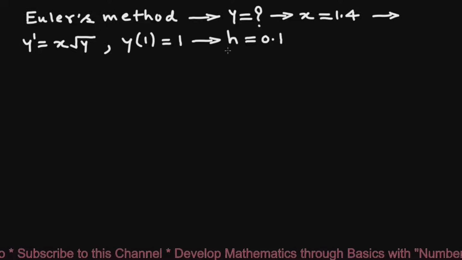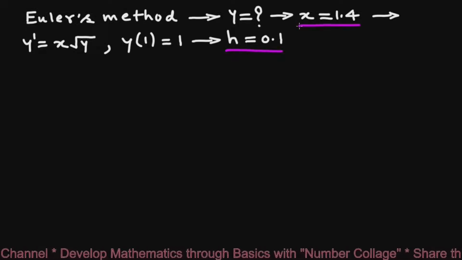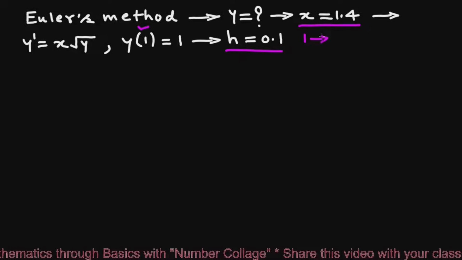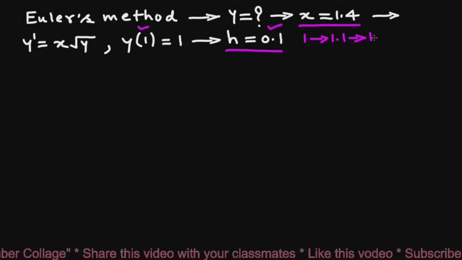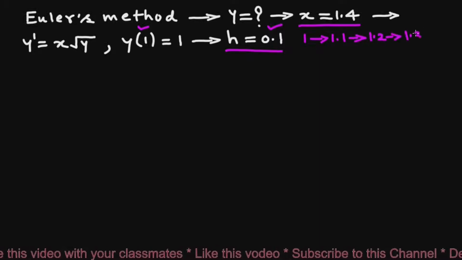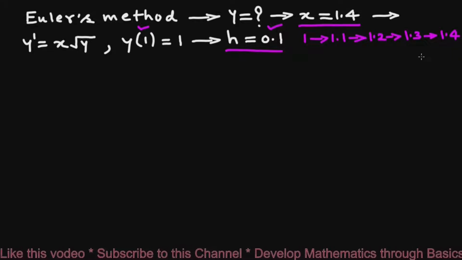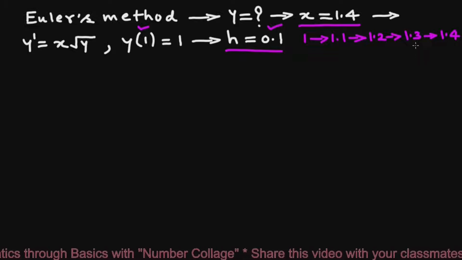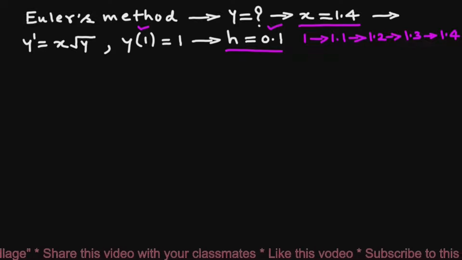Here the step size is 0.1 and we have to find value of y at x equals 1.4. So we have to work from 1 in steps of 0.1 as 1.1, 1.2, 1.3 and finally 1.4. So we have to carry out 5 steps to find the correct approximation. Here we will find the approximation directly by tabular method.